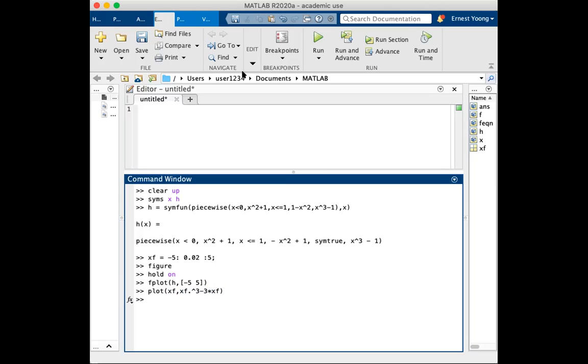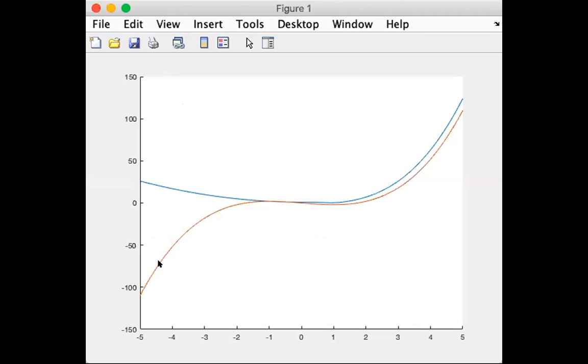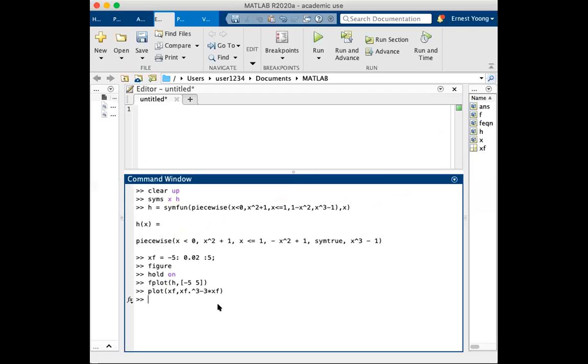Okay, let me see. For the graph, we have added another curve, the red one. We added it here. So that's how we have multiple graphs, and you can add more plots here.